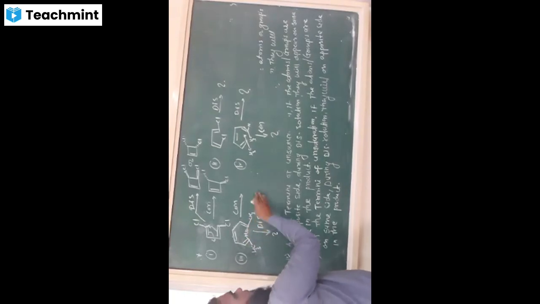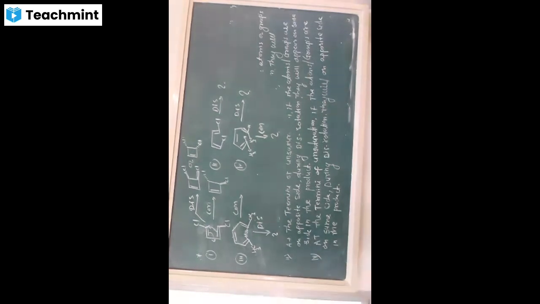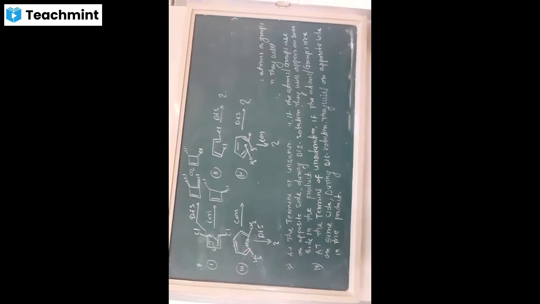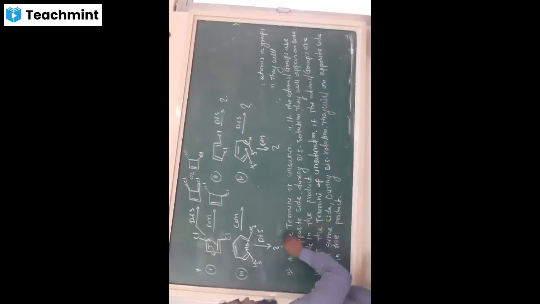One methyl group is on the right hand side, another methyl group is on the left hand side. Then what happens? On conrotation, they will appear on different sides. On disrotation, they will appear on the same side.